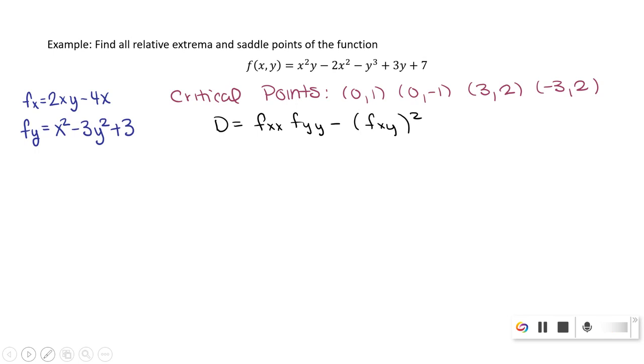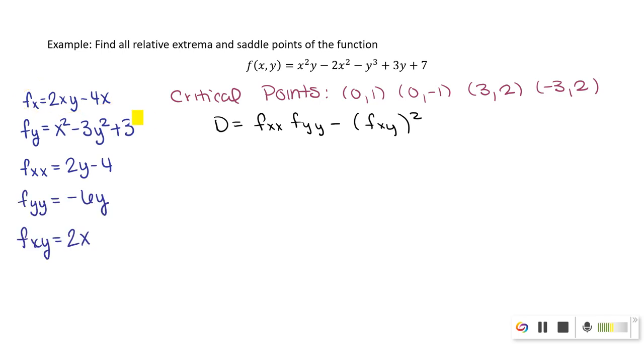So my next step is to use this value D to determine whether I have a max, a min, or a saddle point. And so I'm going to start by just computing all of my second partials. If I take my f sub x and find its derivative with respect to x, I get 2y minus 4. And then f sub y, derivative with respect to y, is negative 6y.